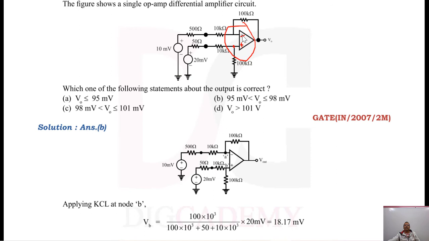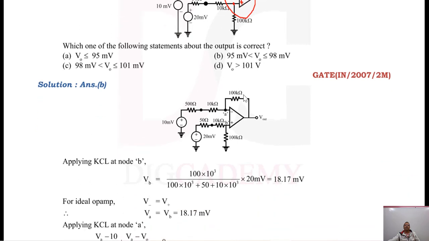You can refer to that, but I'm assuming that we have negative feedback. So when there is negative feedback, we find the voltage at node B, that is at the non-inverting terminal, then apply KCL at the inverting terminal. That procedure remains same for all the circuits of operational amplifier. So there should not be any confusion about the procedure.